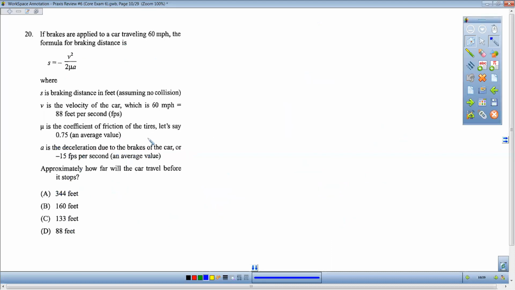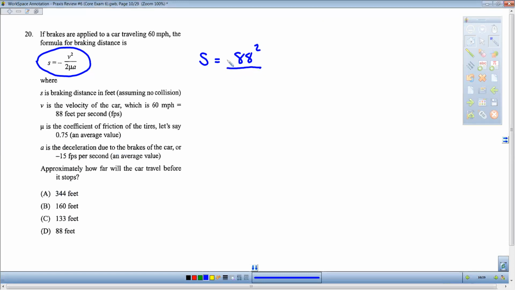20. If the brakes are applied to a car traveling 60 miles an hour, there is a formula for braking distance, and S is your braking distance, and V is the velocity, and that's going to be 88 feet per second. So V is going to be 88, and we're going to square it.